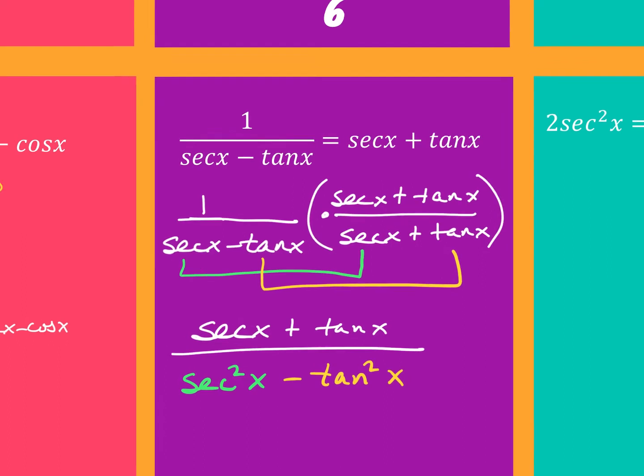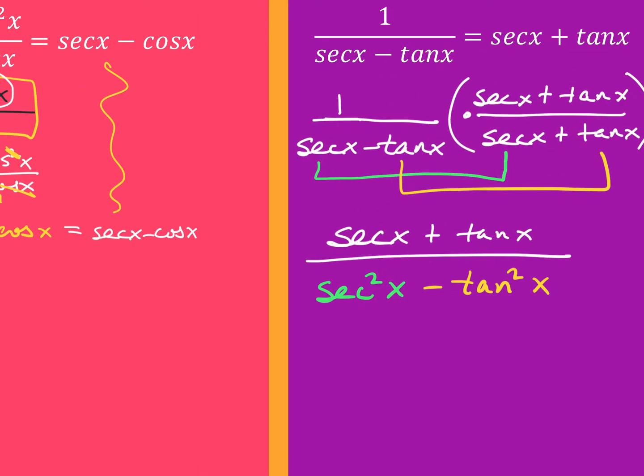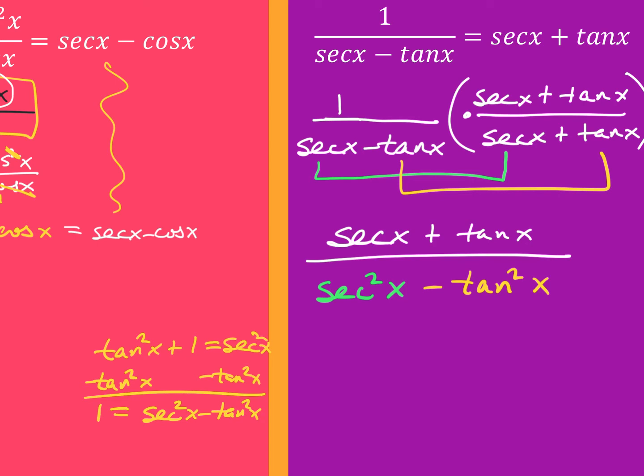So the Pythagorean identity that I just created in my denominator is actually tangent squared x plus 1 equals secant squared x. And if I move over the tangent, I now get 1 equals secant squared x minus tangent squared x.